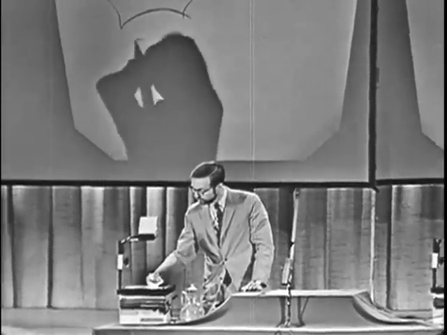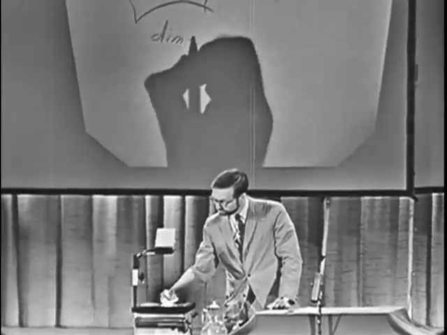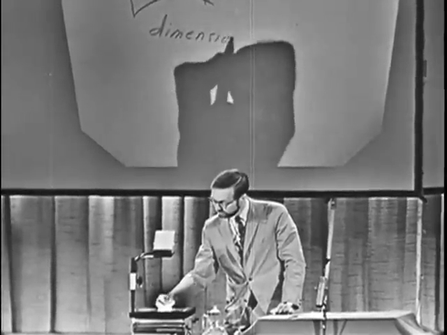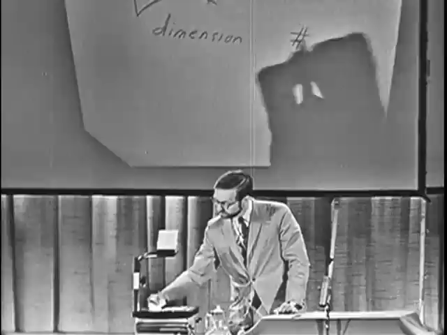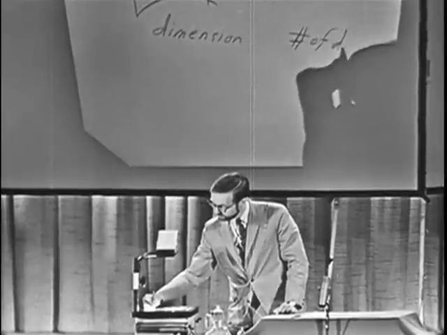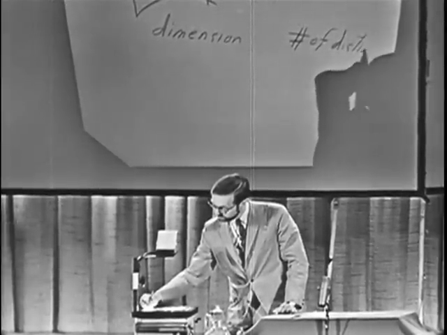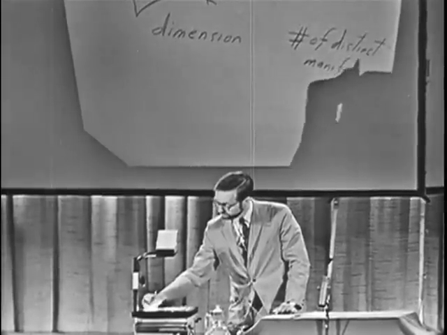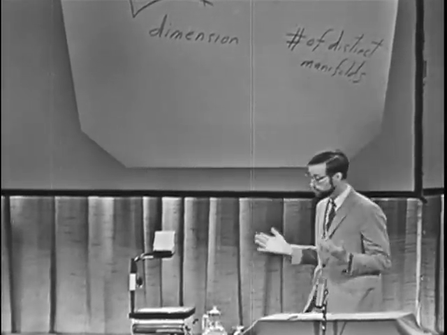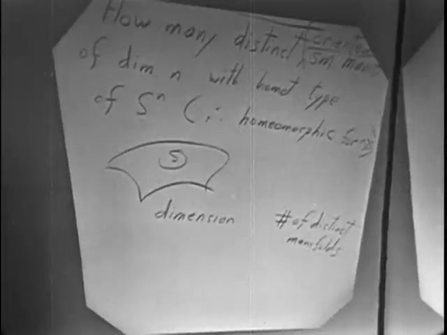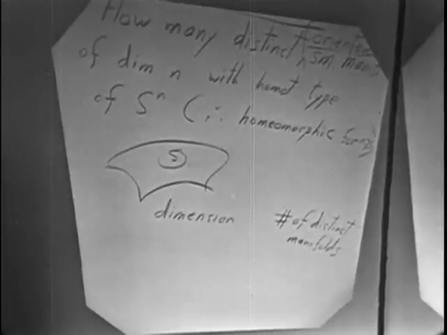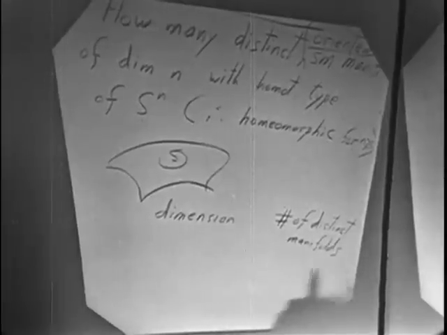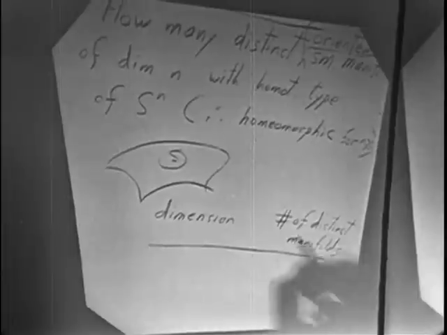So I'll put the dimension on one side and the number of distinct manifolds on the other side. And distinct means that two manifolds are considered distinct if there's no diffeomorphism from one to the other which preserves the orientation. Distinct manifolds having the homotopy type of a sphere.